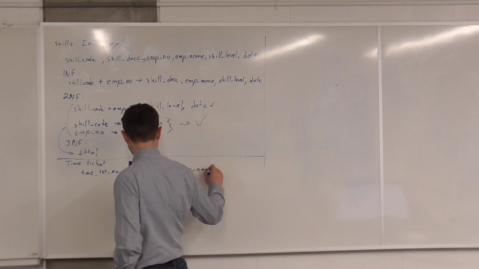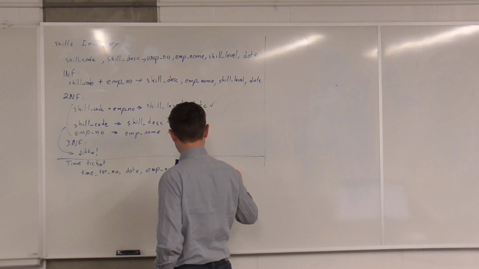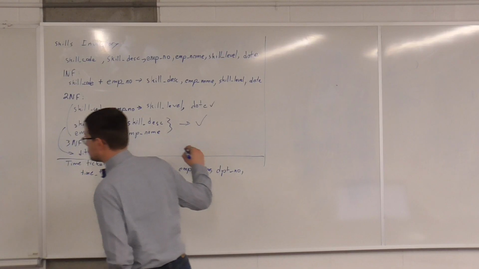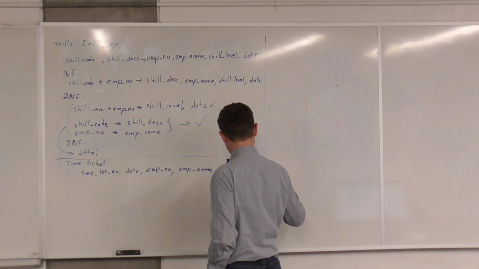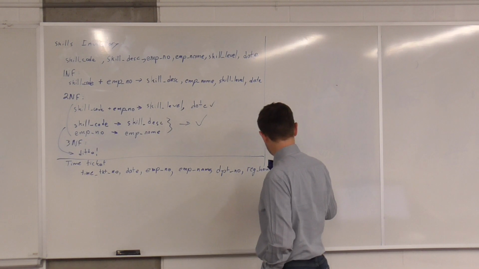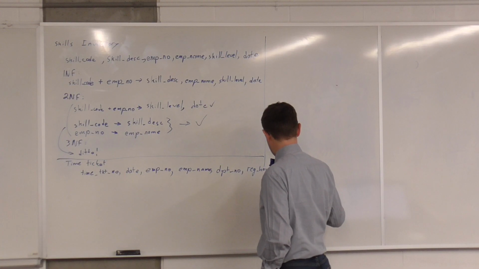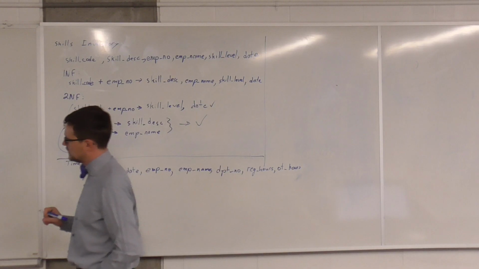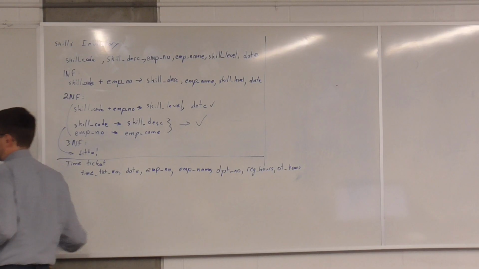You can see some of this is rhyming already. Department number. Part number, regular hours, reg hours, and overtime, OT hours. The ever popular overtime. Good. Is that on the board?